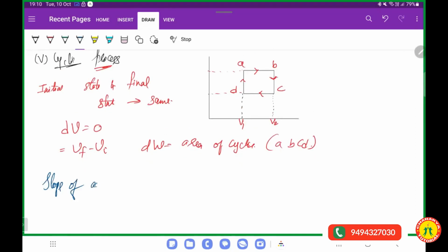Slope of adiabatic and isothermal curve.